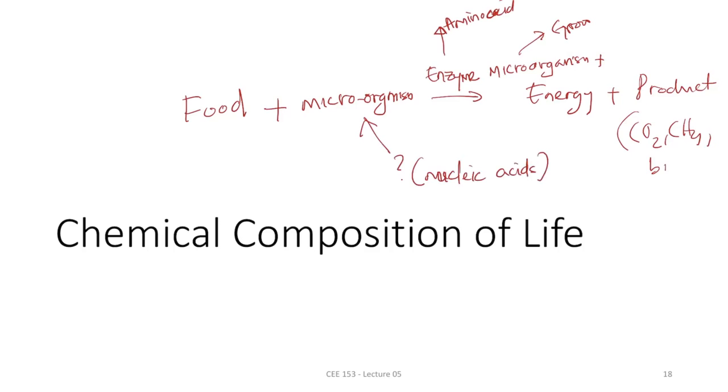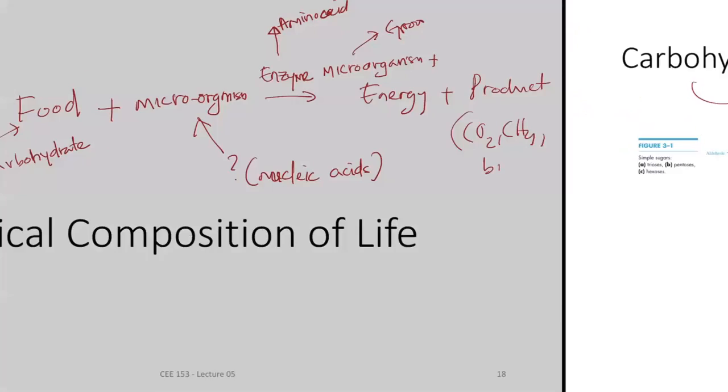For instance, if you want to know whether coronavirus is there in the wastewater or not, you use nucleic acid as a marker. And food is basically carbohydrate. So that's the basic function. This is why we need to know those three things more importantly than anything else.